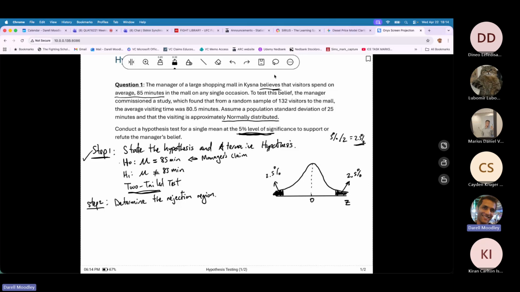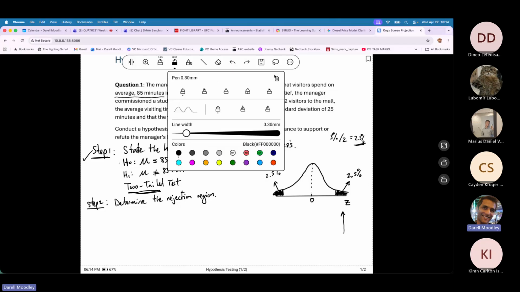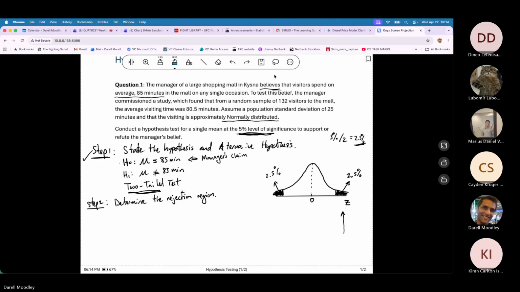Now, let's just draw your attention to this part here on the right. I know the area on the right of this curve is 2.5%, right? So let's see if anyone remembers from what we did last week and the week before. What do you think this area here that I'm going to shade in blue is? Give it a shot.